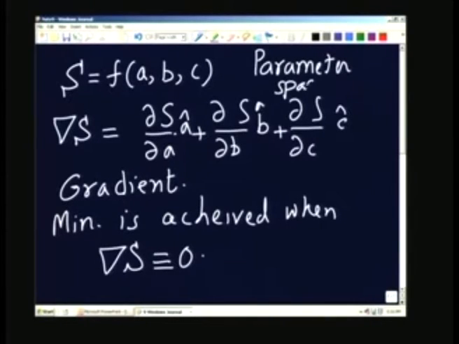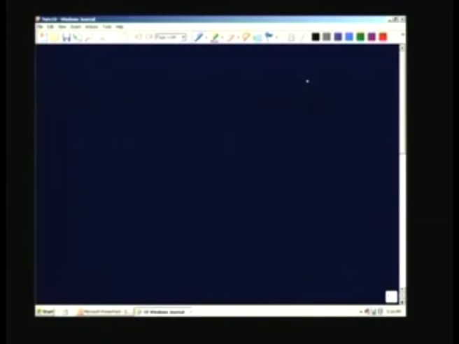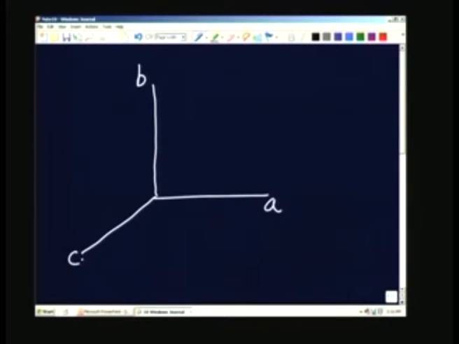Maybe I can even make a simple sketch to show that, which I will do in the next sheet. Suppose I plot A here, B here and C. Each ABC combination is going to give one value of S, and let us put that as the value here.